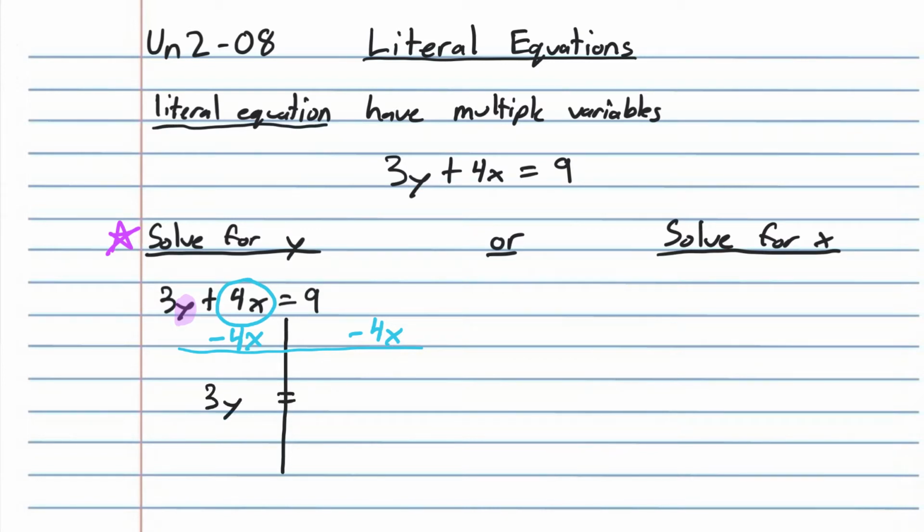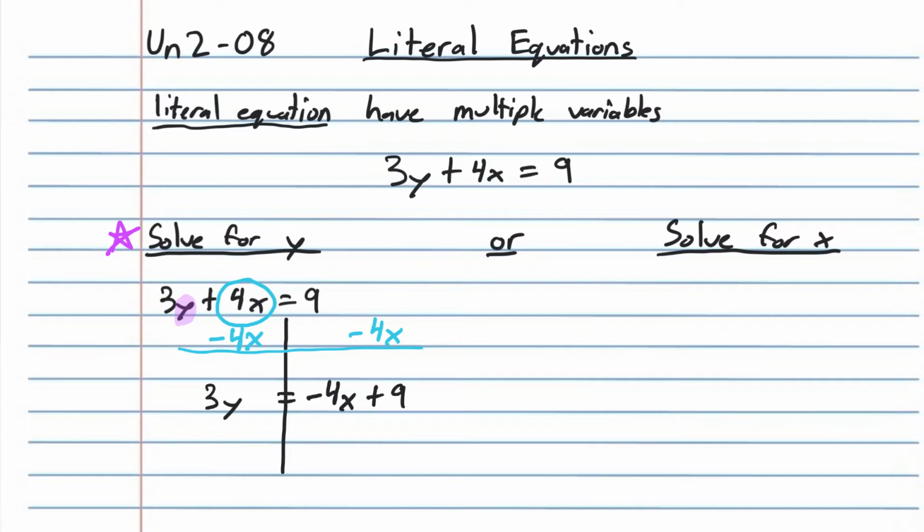And because we cannot combine the 9 and the 4x, we're just going to write them out next to each other. It doesn't really matter the order. Typically, the variables go before the numbers, so it's better to write it like this: negative 4x, and then that 9 was positive, so plus 9. But see how we can't combine those? Those are not like terms, so we cannot combine them.